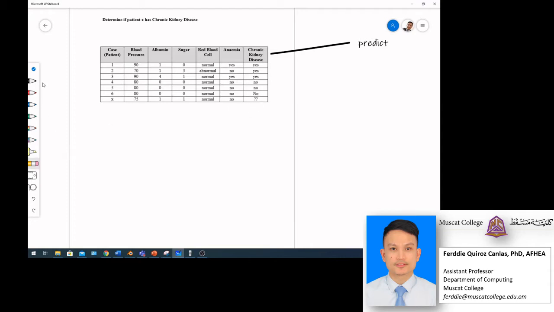So the decision point here is very simple. If the answer is yes, then the person has kidney problem.